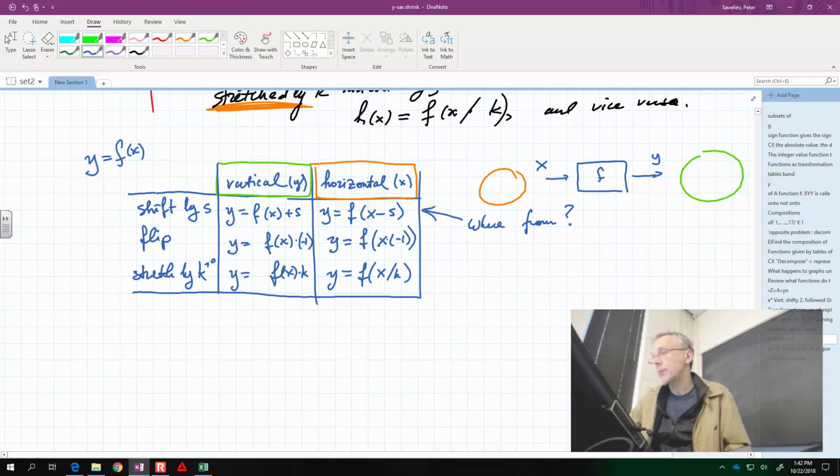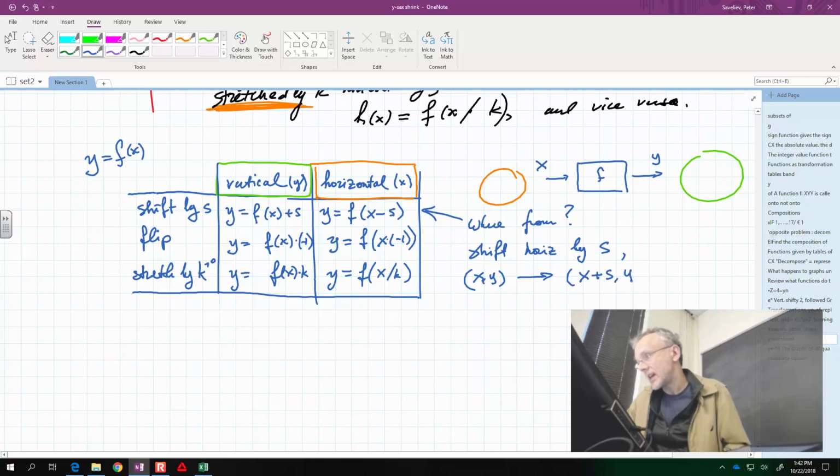It's very simple. If we're doing a horizontal shift by s, then a point (x, y) goes to the point (x plus s, y), as you would think. So where does the minus come from?